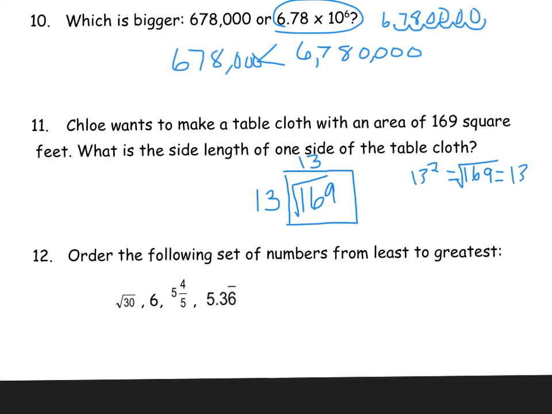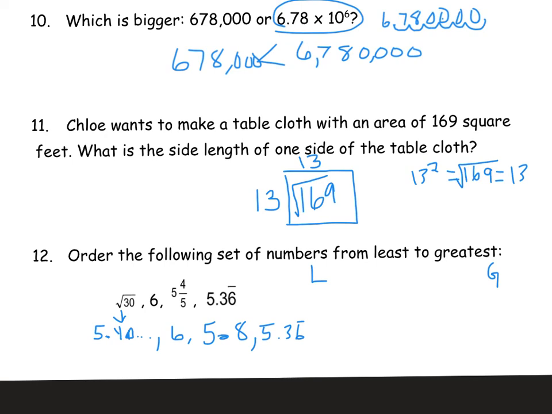All right, finally, we're going to order the following values from least to greatest. And it's important to, again, use your calculator and convert these values in decimal form. I got an irrational number there, then I have 6, then I have 5.8 and 5.36 repeating, with the 6 repeating.